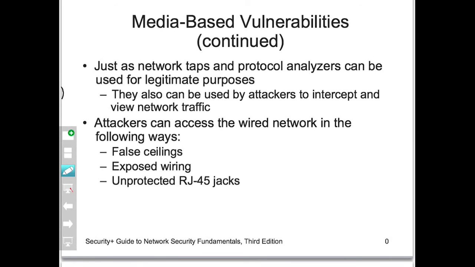Attackers can access a wired network through false ceilings, exposing wiring, like I mentioned, in a closet, or unprotected RJ45 jacks. Now, when you leave tonight, if you go downstairs, leave out this side of the building instead of the middle. This side of the building over here has a whole bunch of RJ45 jacks against the wall.